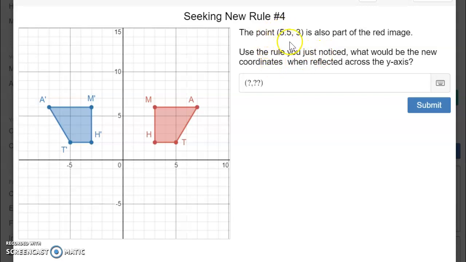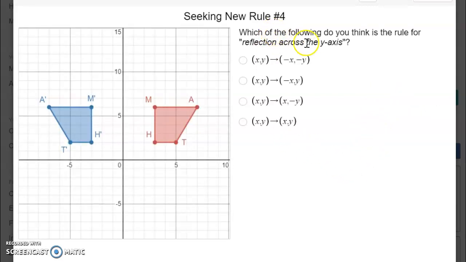Remember we said the x coordinate is going to become the negative version of the old x coordinate. So what is the negative of 5.5? It's going to be negative 5.5. What about the y coordinate? That just stayed the same. So it's going to be (-5.5, 3). So let me do that. And 3. Great.